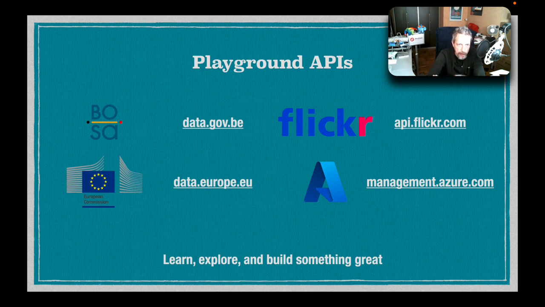I'm using flickr.com as an interesting case study because it's an open API, you can directly use it. And of course, management.azure.com is a REST service that manages all the things in Azure. So if you want to play, there are plenty of options out there. Learn, explore, and build something great.